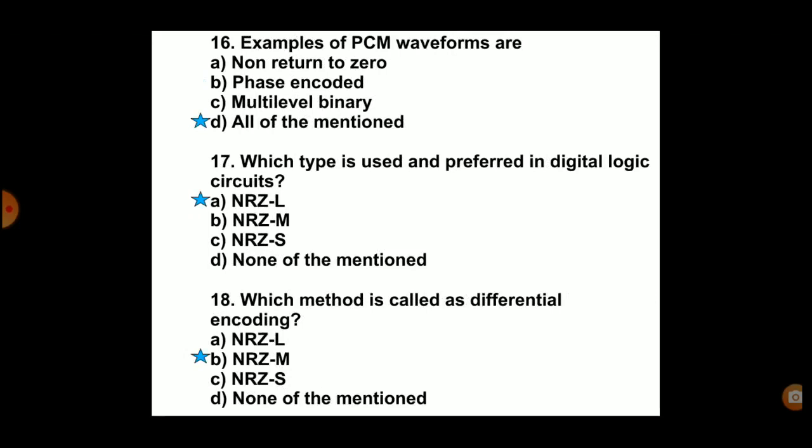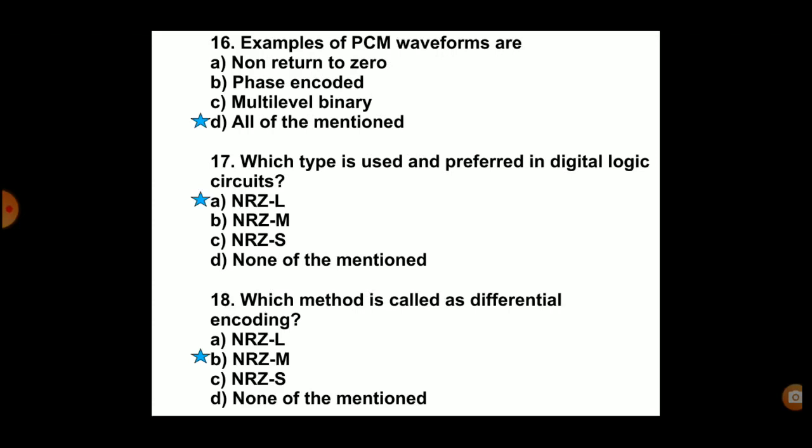Examples of PCM waveforms are, options are non-return to zero, phase encoded, multi-level binary, all of the mentioned. Correct answer is all of the mentioned. Which type is used and preferred in digital logic circuits? NRZL, NRZM, NRZS, none of the mentioned. Correct answer is NRZL.